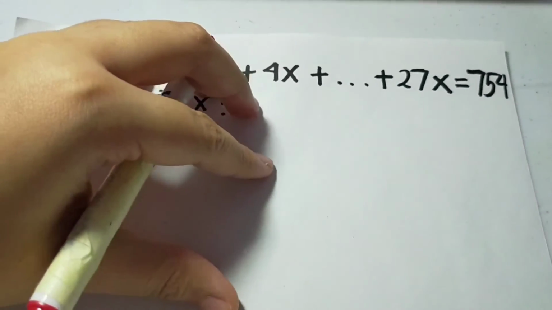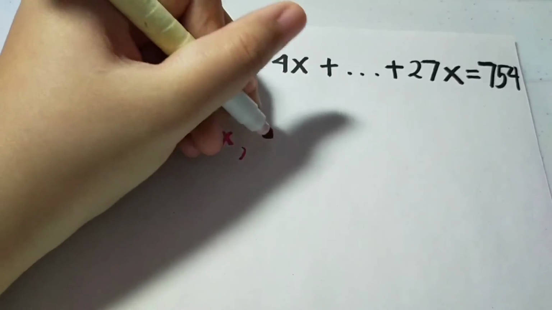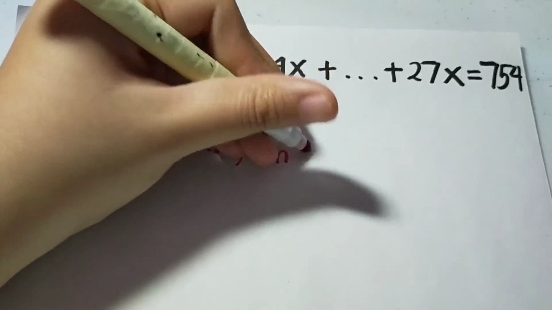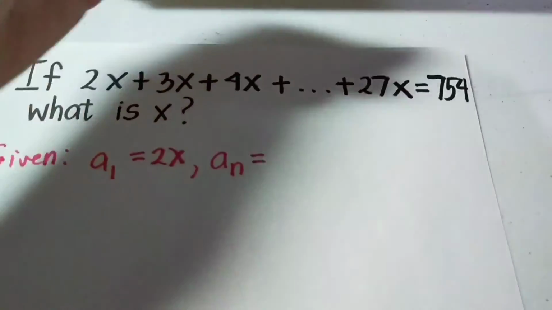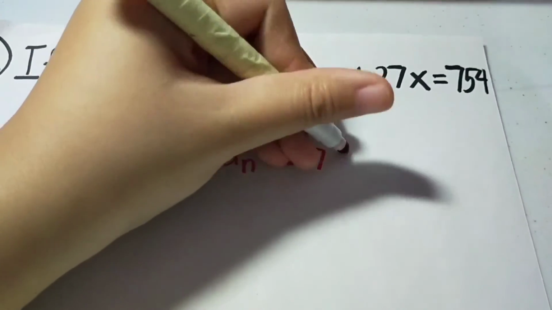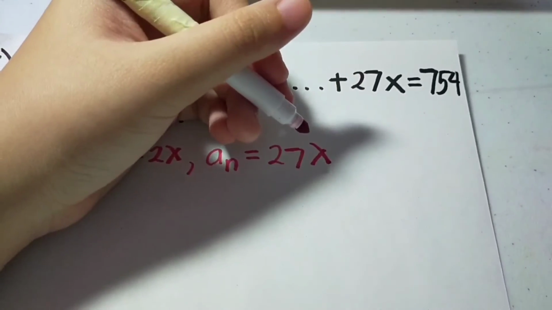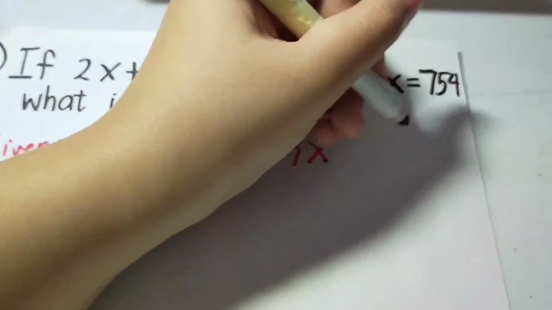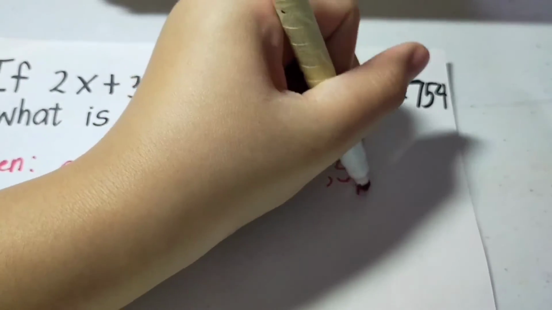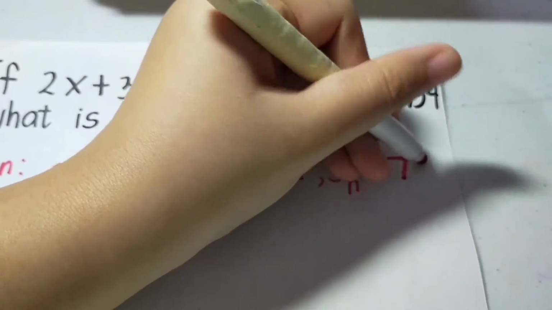Tapos yung a sub n natin ay ito na 27x. And our s sub n is equals to 754.